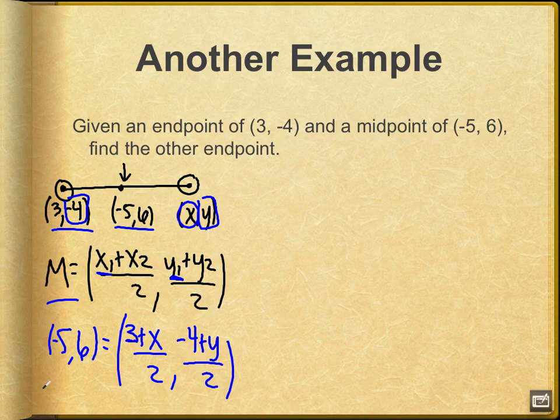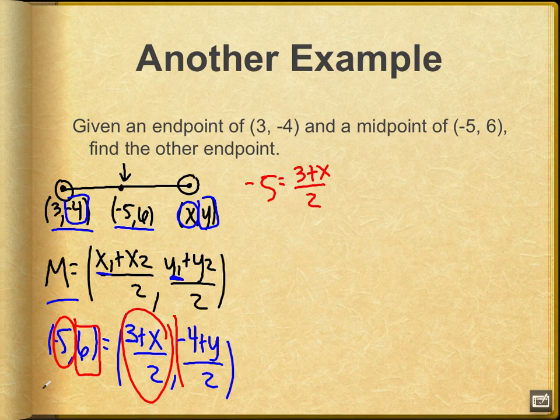I have 2 variables, x and y, so I'm going to need 2 equations. One equation comes from the x's, so I end up with -5 equals 3 add x over 2. And my second equation comes from the y's. So I get 6 equals -4 add y all over 2.